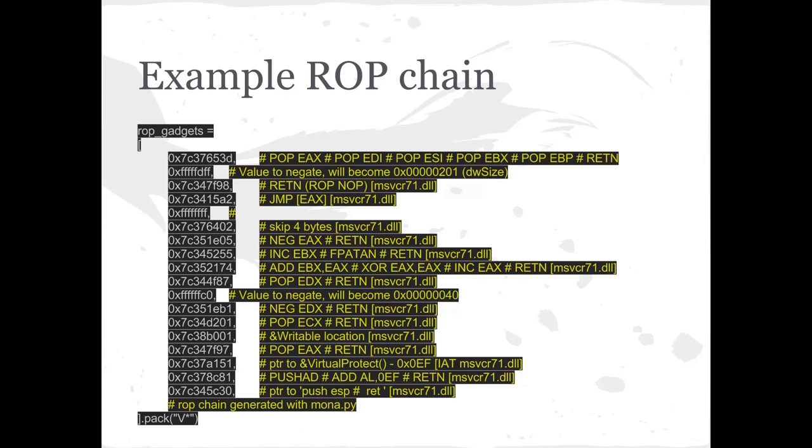But from a forensic standpoint, this is going to look different than shellcode. Obviously, shellcode isn't going to be instructions that are fixed width that look like addresses every single time.